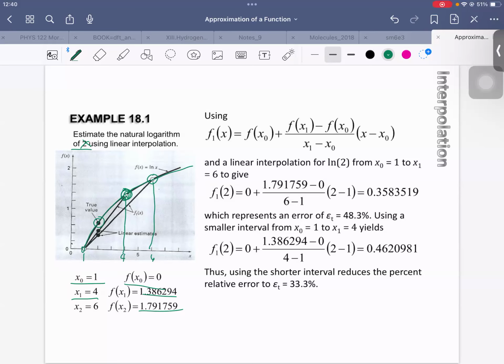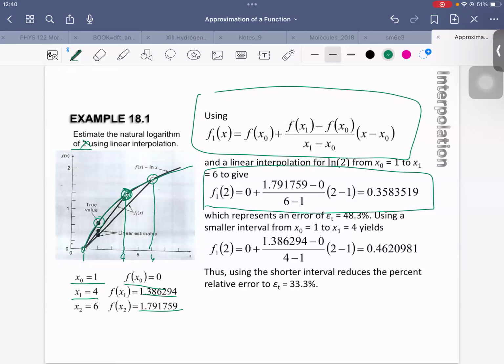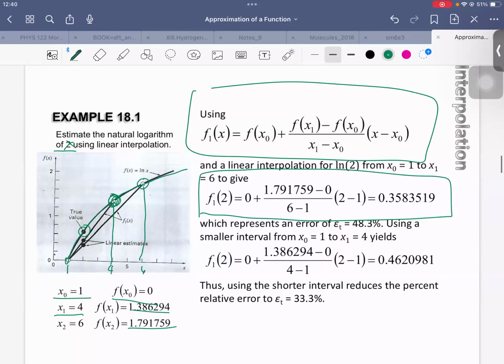All right, so now you have this equation na obtained kanina. Just plug it in, and you have this particular equation. Natural logarithm of x at x equals 2. Para hindi kayo malito. Okay, so you're trying to approximate the value of that. So you have 0.3583. Okay.